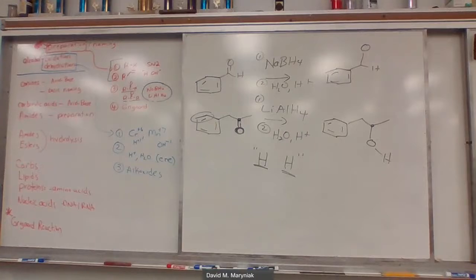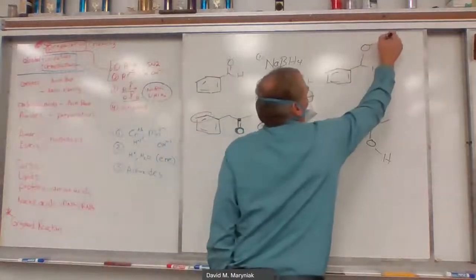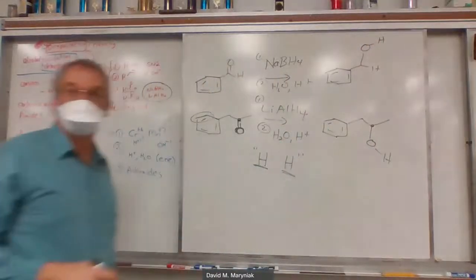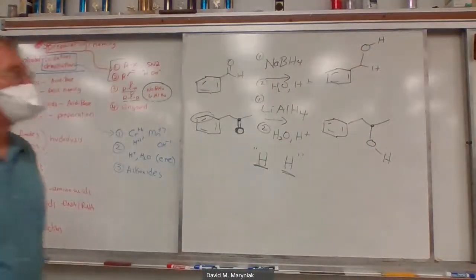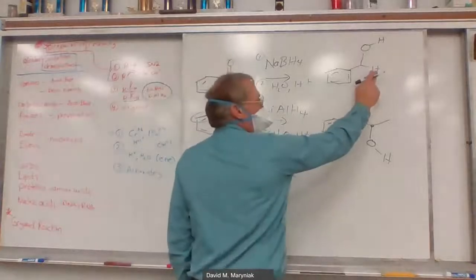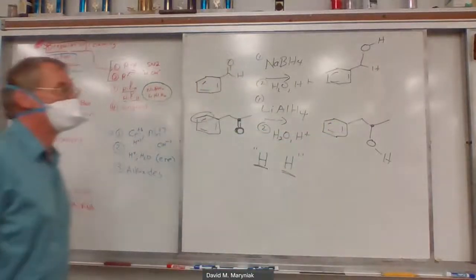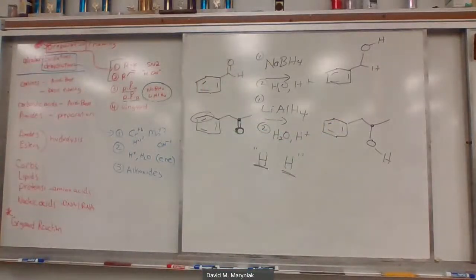What are we going to add across the double bond? 2 H's. And so which one again has to be shown? That one. Technically, do you have to show this one anymore? No. So whether you reduce an aldehyde or a ketone, what's the product? An alcohol.